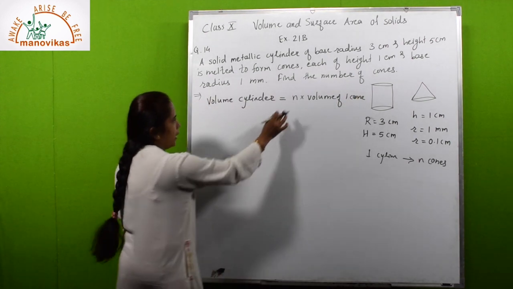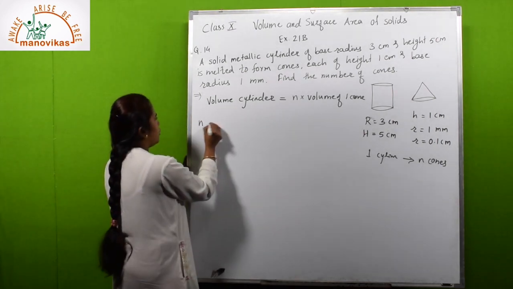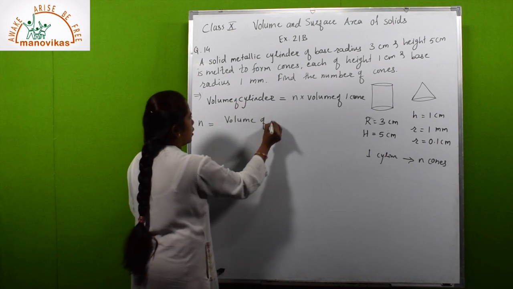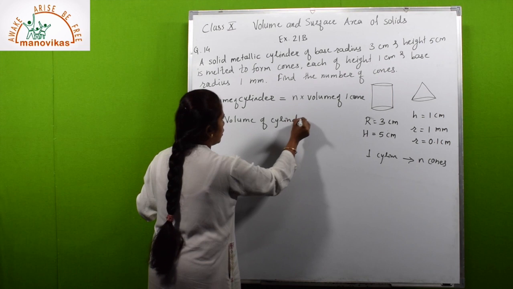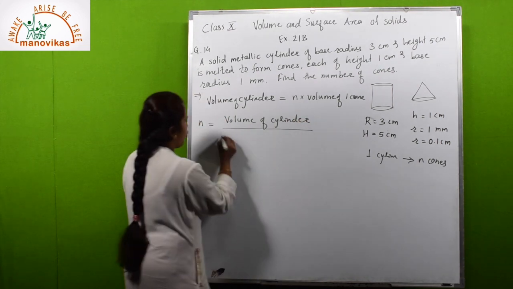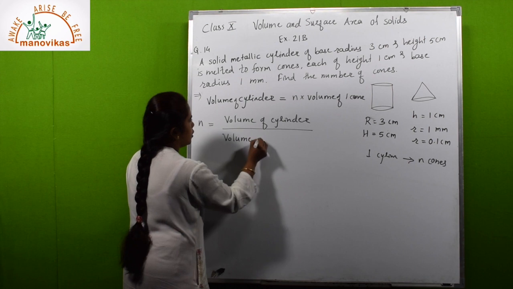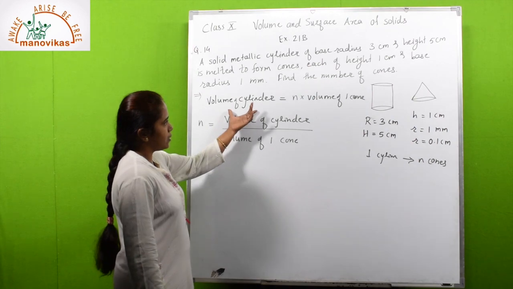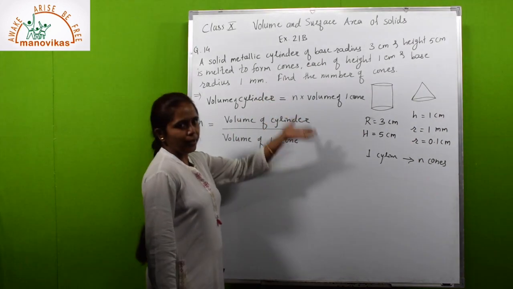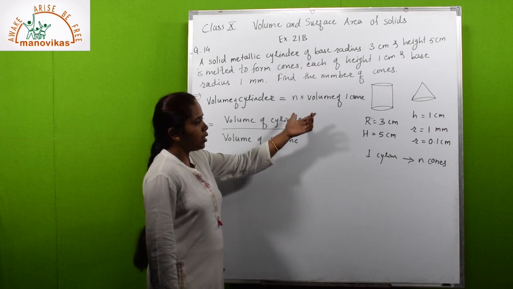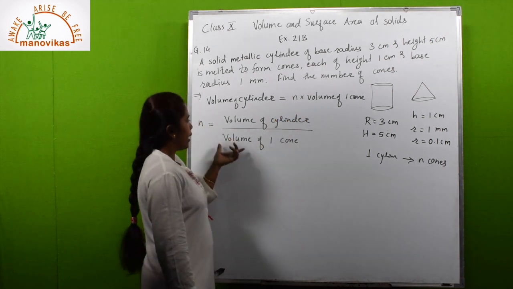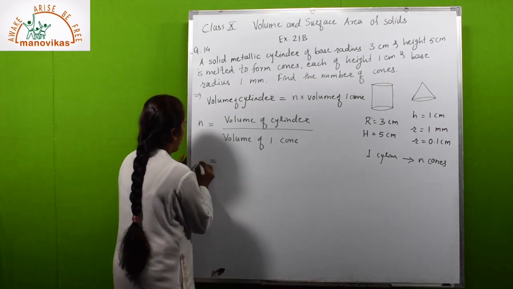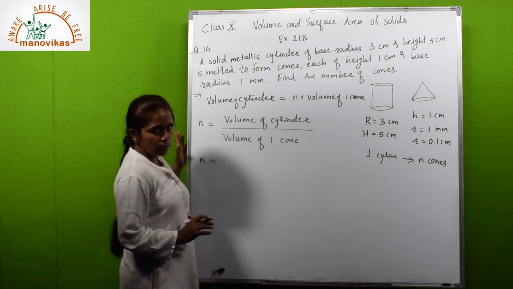So n is the number of cones, so n will be equal to the volume of the cylinder divided by the volume of one cone. Now according to the formula, what is the volume of a cylinder?